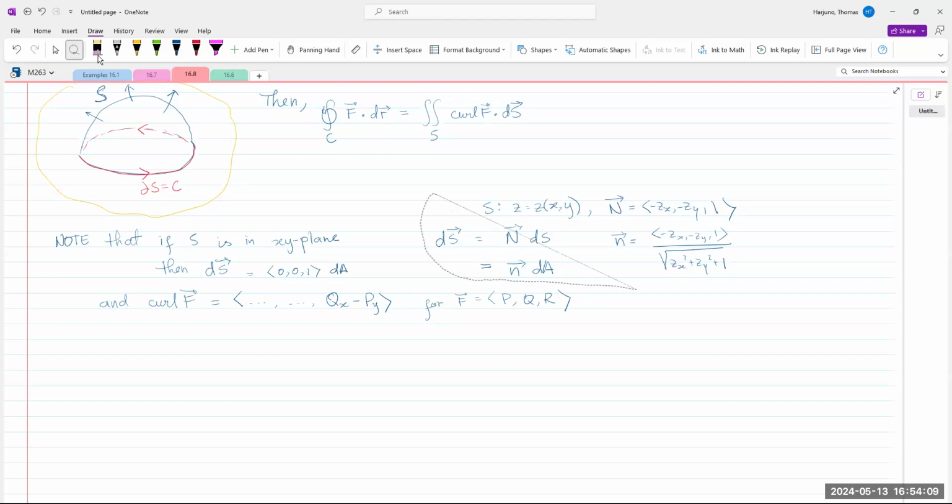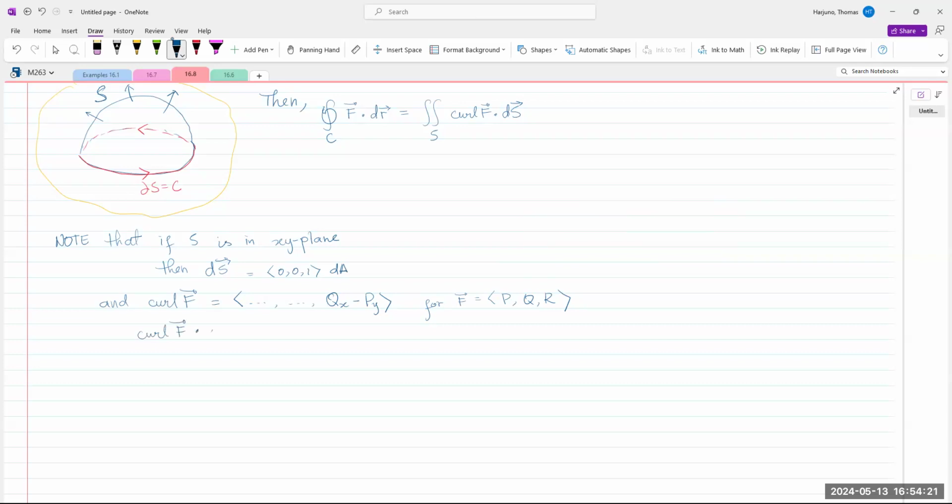Now with that setup, curl of vector field F dot dS is equal to (something, something, Q sub x minus P sub y) dot (0, 0, 1) dA, which equals Q sub x minus P sub y dA.